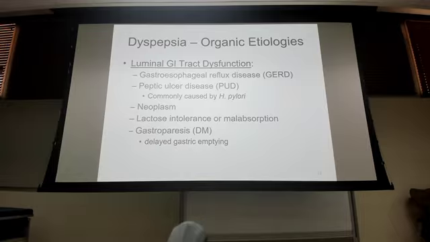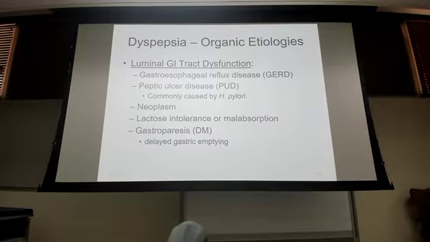But now we start looking at organic etiology. So when you're working it up, we can find organic etiology, so we can have luminal GI tract dysfunction. We'll start thinking about GERD, peptic ulcer disease, H. pylori. And I know y'all talked on some of these in Pharm and some other courses, and we'll get deeper into them as we get more into the course.